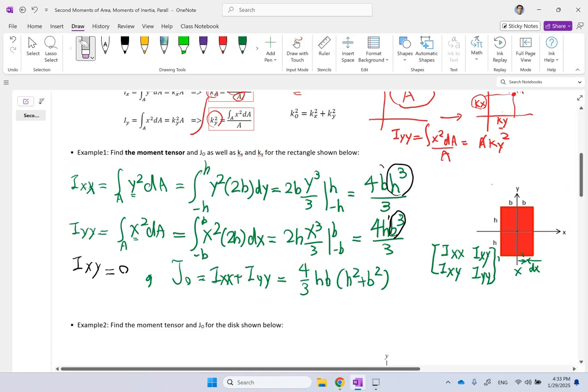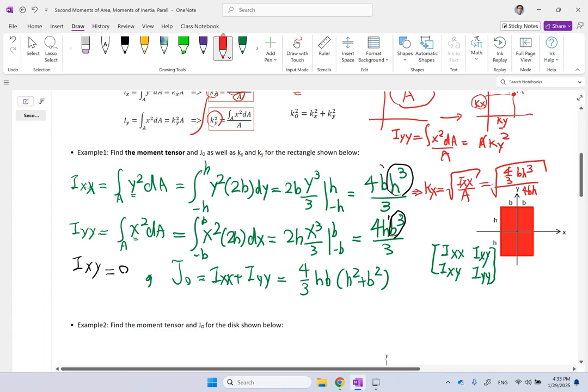And what are the radii of gyration? Well, we can find them. So what is, for instance, kx? Remember, kx is square root of Ixx over A. That is going to be square root of 4 over 3 bh cubed, over A, which for this shape is 2b times 2h, so it is 4bh.